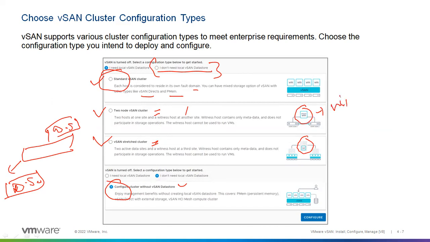A witness appliance will be deployed as a virtual appliance, available separately on the VMware site to download as the vSAN witness appliance with the respective version. You have to be ready with that if you are going to deploy a two node or stretch cluster.